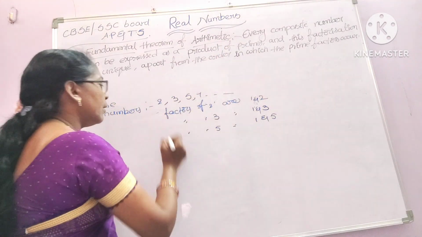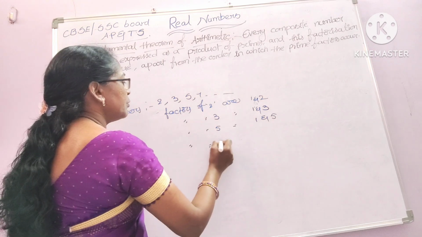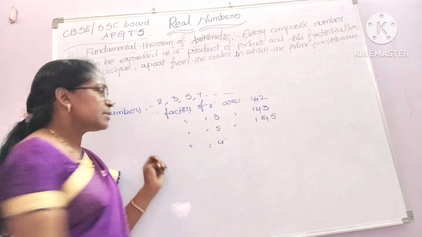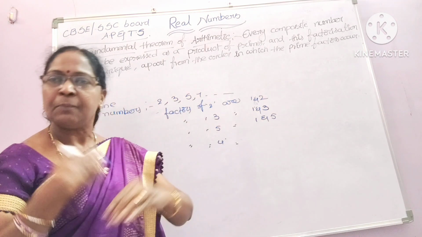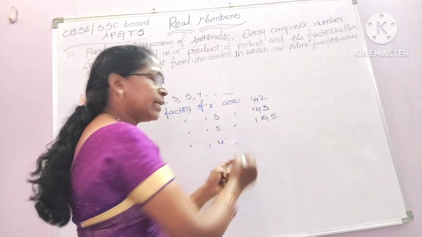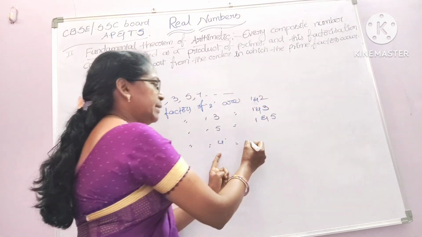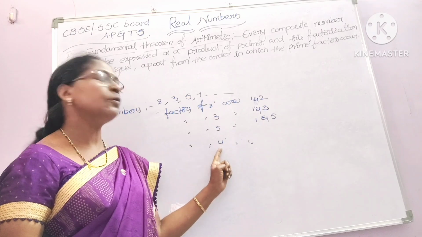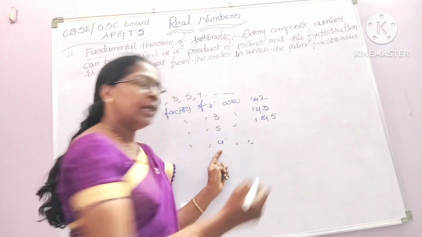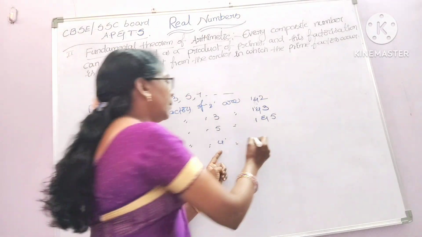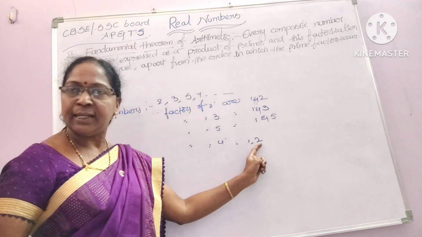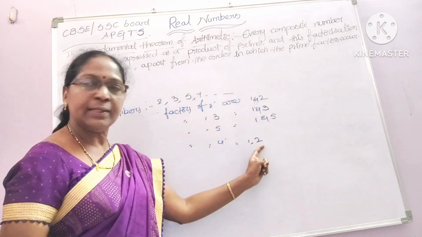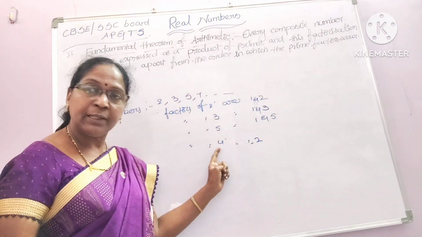For example, here 4 is a number. Factors of 4: in 4, which numbers are divisible? Just check it. Is 1 divisible in 4? Yes. Is 2 divisible in this? Yes, because 2 twos are 4. This is an even number, and in all even numbers 2 is divisible. Whenever it is divisible, that is also a factor. Is 3 divisible in 4?